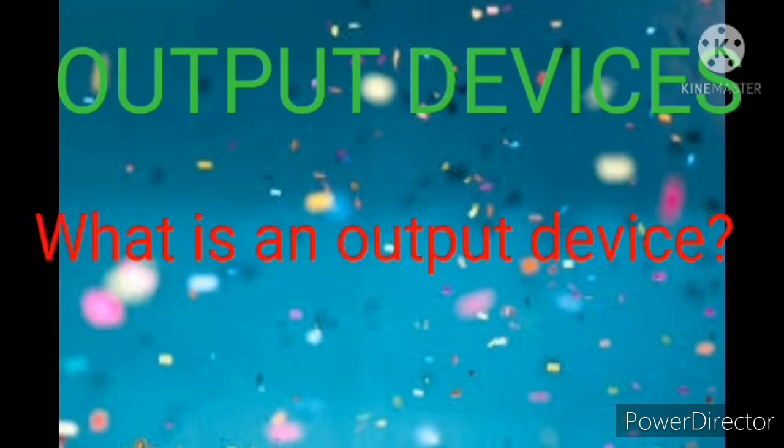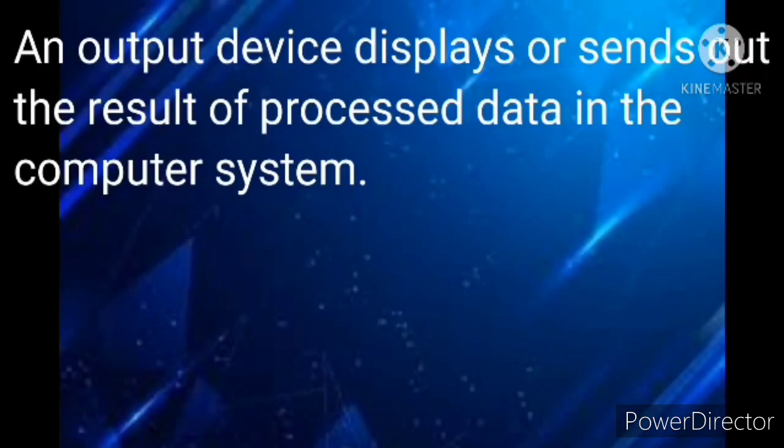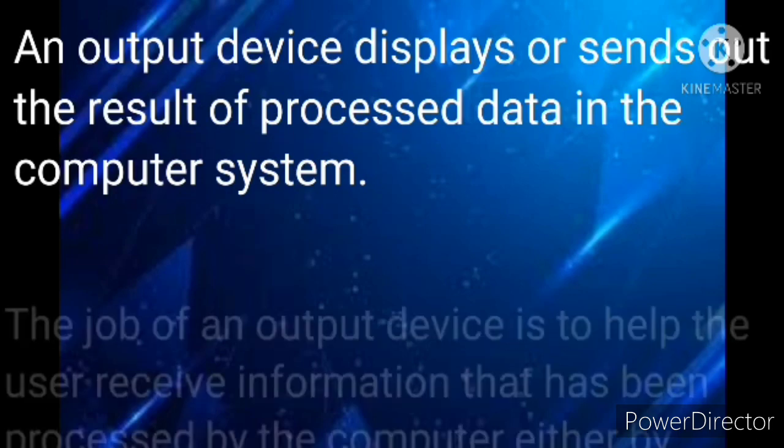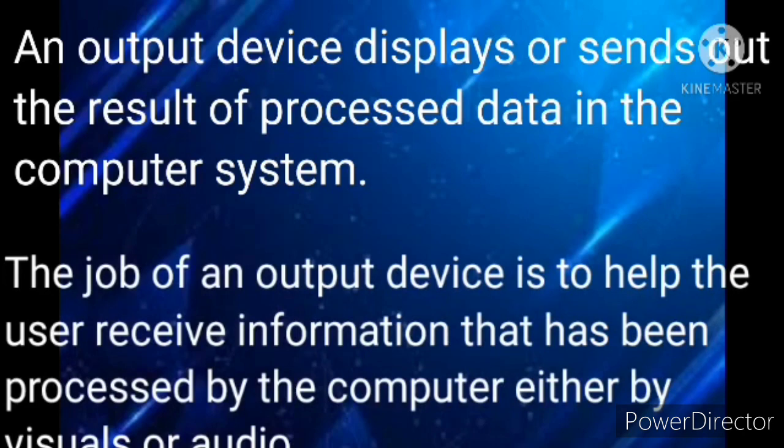An output device is a device that displays or sends out the result of processed data in the computer system. The job of an output device is to help the user receive information that has been processed by the computer, either in the visual or the audio format.